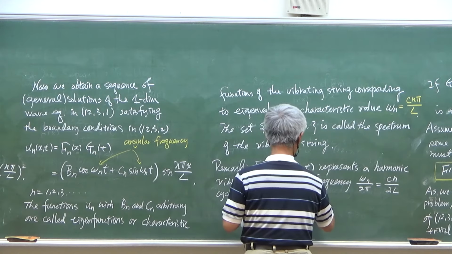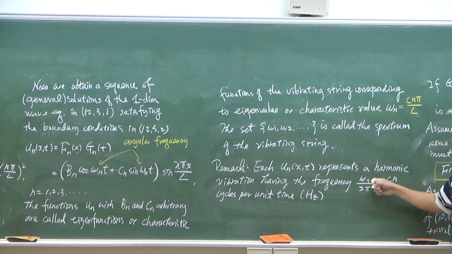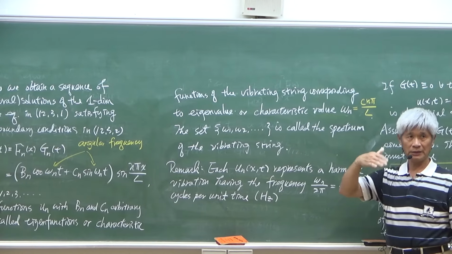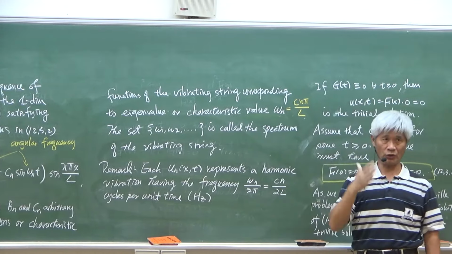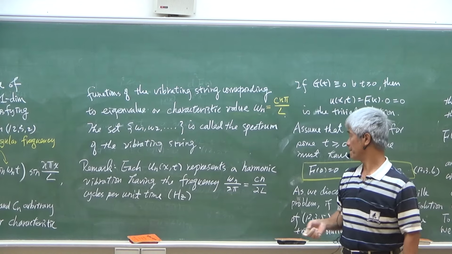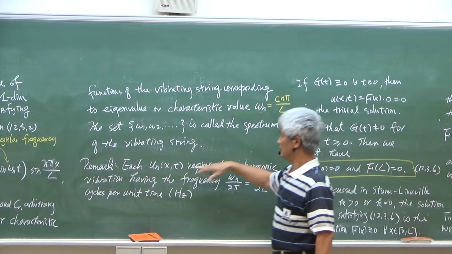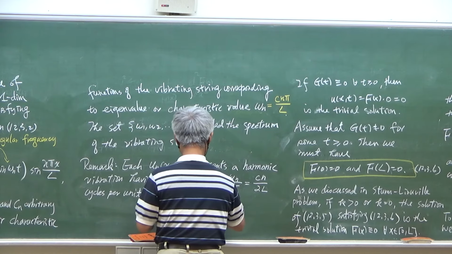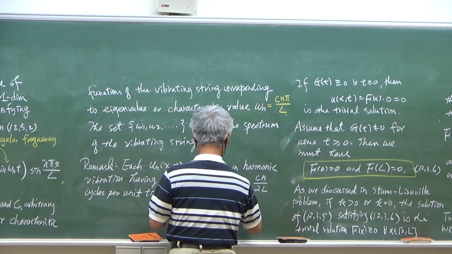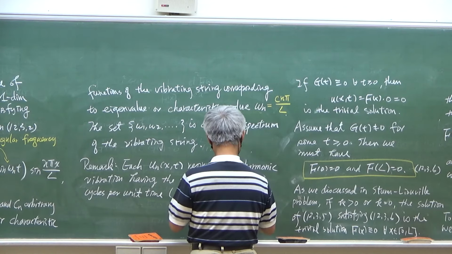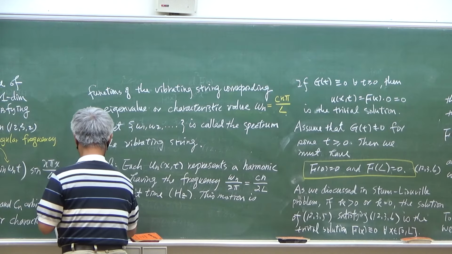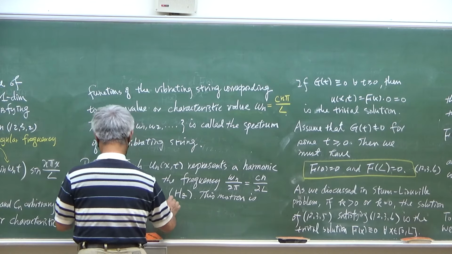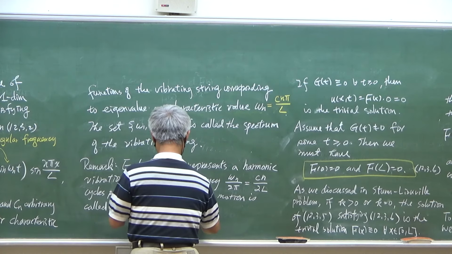That means hertz. Because omega n is the angular frequency, you have to divide it by 2 pi to get the frequency. Frequency has a unit called hertz, cycles per unit of time. And this motion is called the nth mode of the string.